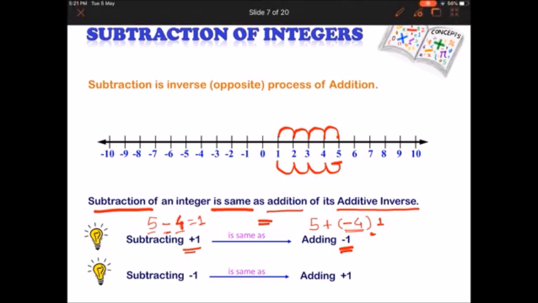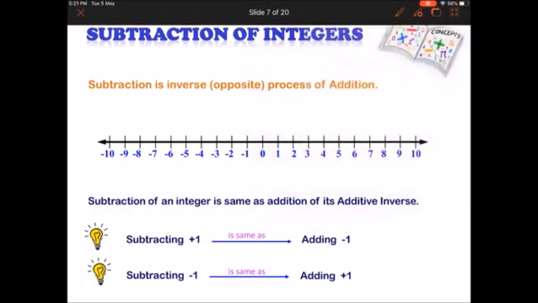Okay, now the second case, subtracting minus 1 is same as adding plus 1. Okay, let's take similar example. If I have to subtract say minus 4 from 5, it will be same as 5 plus 4.